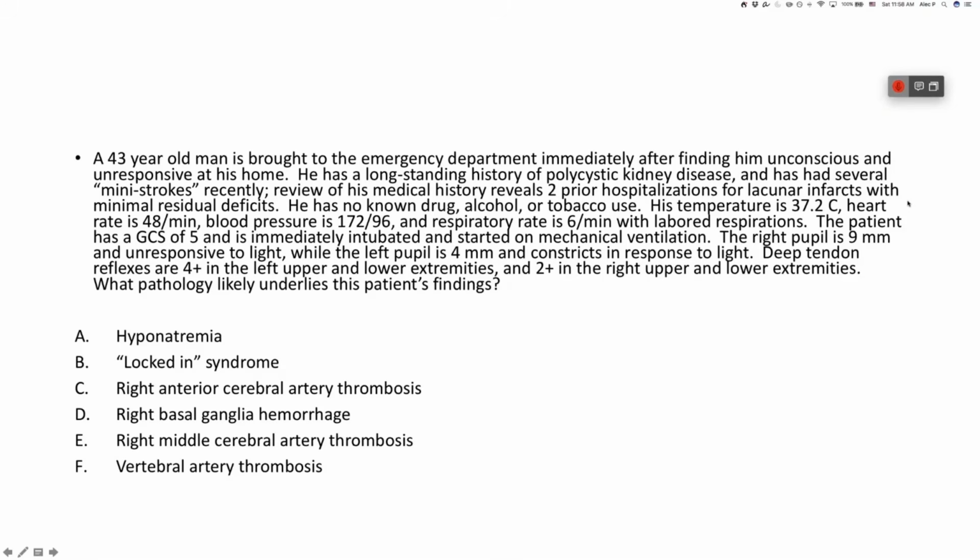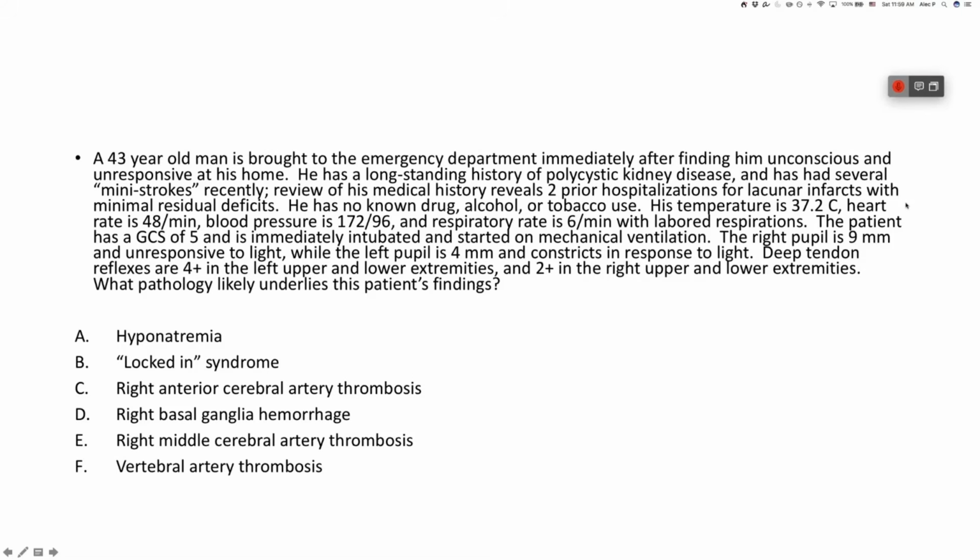If it's only on one side, that would be contralateral to the lesion. Wait, hold on. They're 4+ in the left and 2+ in the right. Oh, I'm sorry, it's the opposite. The 4+ is actually the pathological side. Correct. Good. Right. Okay.